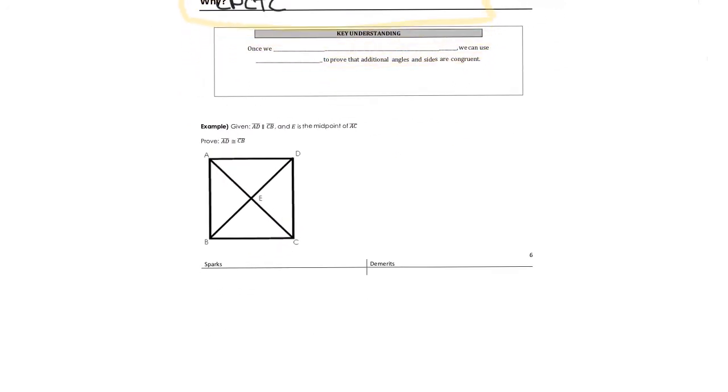So here's our example. Given AD is parallel to CB and E is the midpoint of AC, prove AD is equal to CB. So even though we're proving this line is equal to this line, we gotta prove the triangles are congruent first.